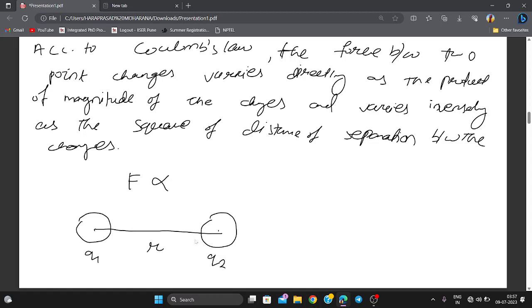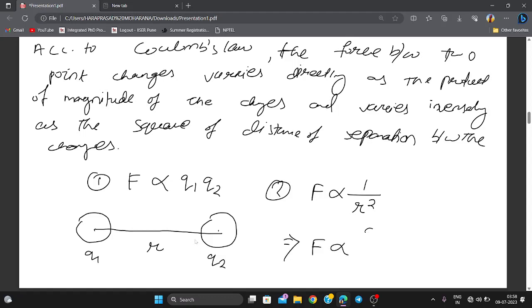Coulomb's law said that F is directly proportional to Q1 Q2, and F is inversely proportional to the square of the distance between the charges, r square. Combining, F is proportional to Q1 Q2 divided by r square, isn't it?